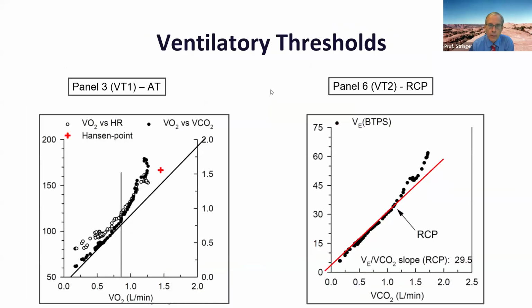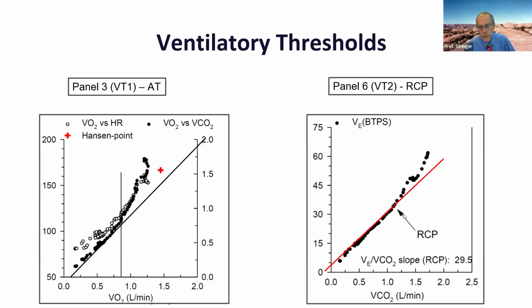But if you want to know about AT, you're basically going to put the CO2 output and oxygen uptake on equal axes and equal numbers, and you're going to use a 45-degree line, which in any of the computer systems you can do visually on screen, move that around. And where the CO2 output begins to increase more rapidly than oxygen uptake, that's your VT1.